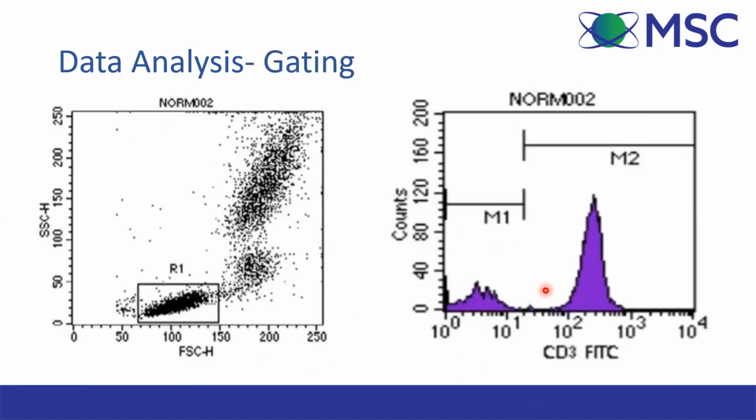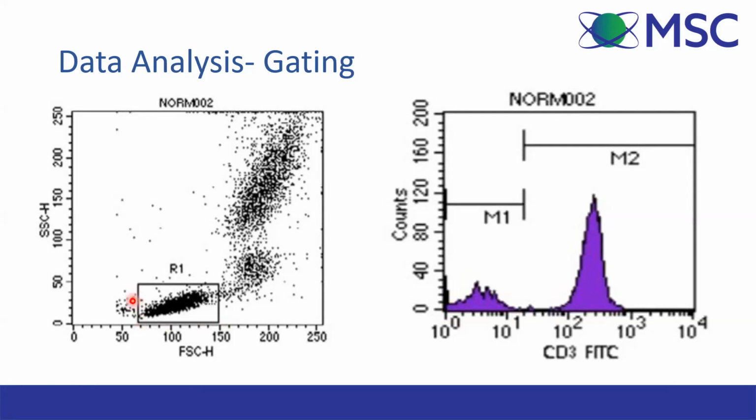So the next part of analysis is gating. A subset of data can be defined through a gate. A gate is a numerical or a graphical boundary which can be used to define the characteristics of particles which you want to include for further analysis. For example, with a blood sample containing a mixed population of cells, you might be interested in restricting your analysis to only the lymphocytes.